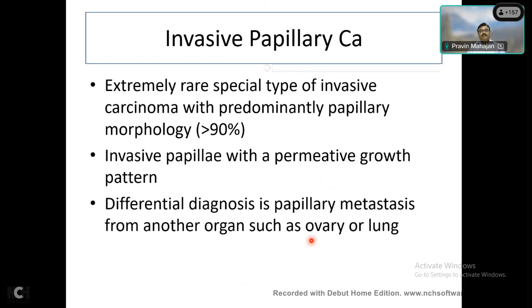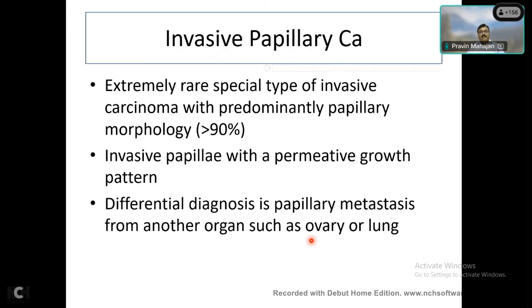Now coming to invasive papillary carcinoma, it is an extremely rare category of special type of breast carcinoma. You say something is invasive papillary carcinoma when more than 90% of the tumor shows papillary morphology, and those papillae should have a permeating growth, infiltrating very widely into the adjacent breast parenchyma.